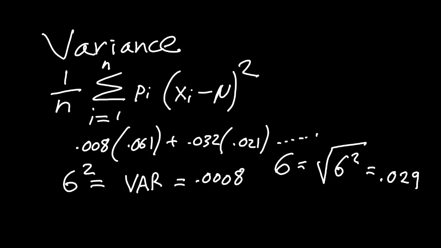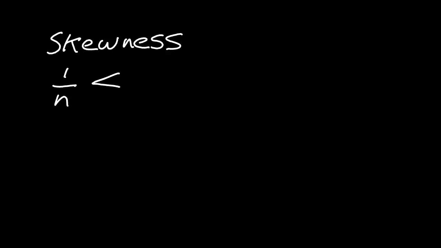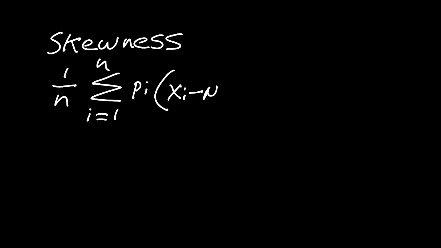We're going to look at one more descriptive statistic that follows the same pattern, and that's called the skewness. Skewness is a measure of how asymmetrical something is, or how it tends to be heavy to the left or the right, and it's equal to 1 over n times the summation of p sub i times each x sub i minus the mean, cubed. So you'll notice we have a pattern, and when we have x squared, we have x sub i minus mu squared.